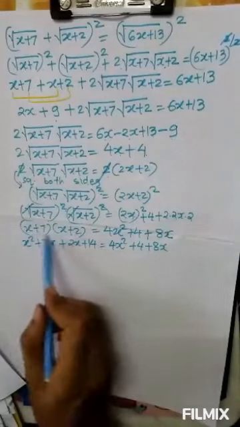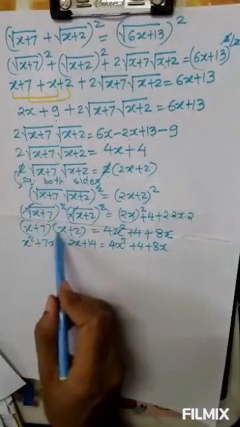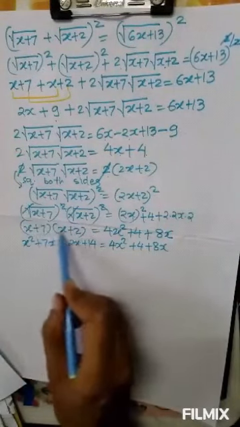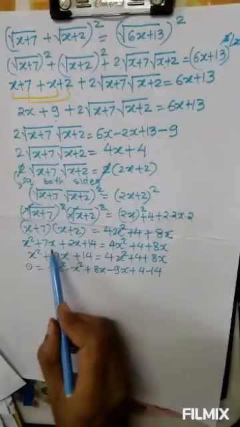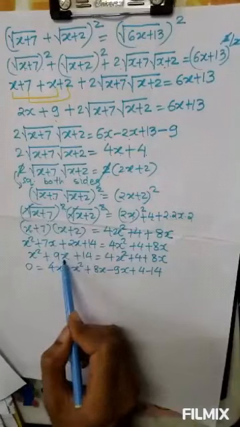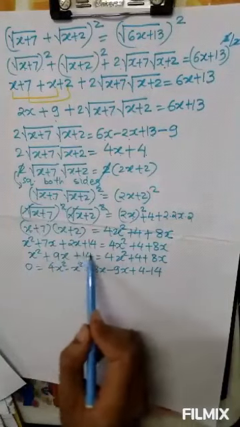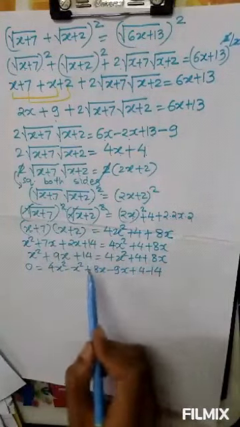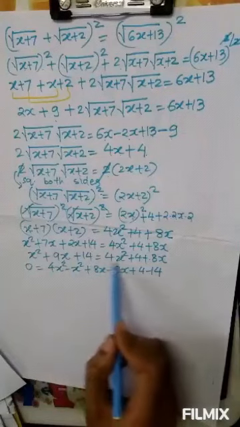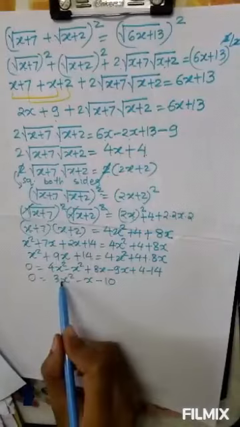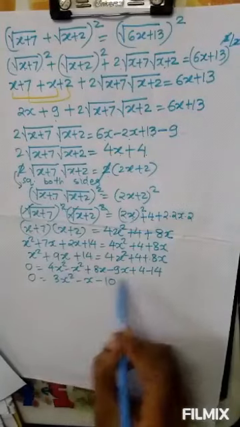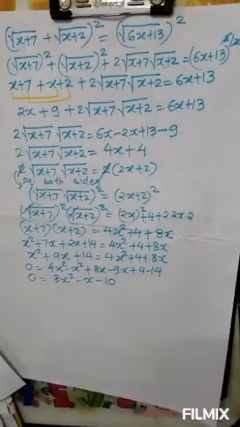Multiplying these two linear polynomials, we will get x square plus 7x plus 2x plus 14. This is as it is. So this becomes 7 plus 2, 9x. Now we will take these terms from the LHS to the right hand side. So it becomes 4x square minus x square, 8x minus 9x, 4 minus 14. This gives us 3x square minus x minus 10 equals 0.